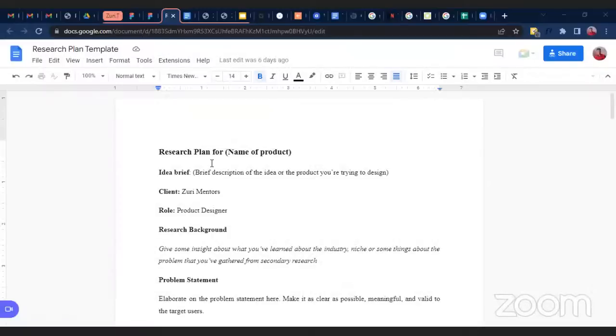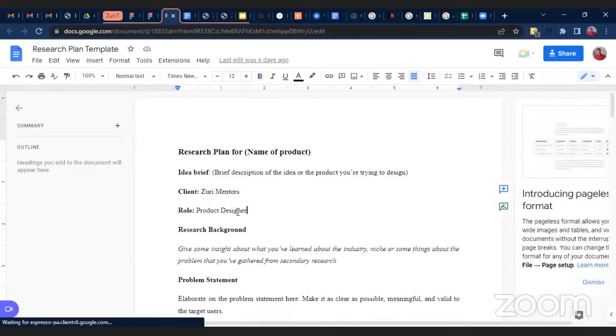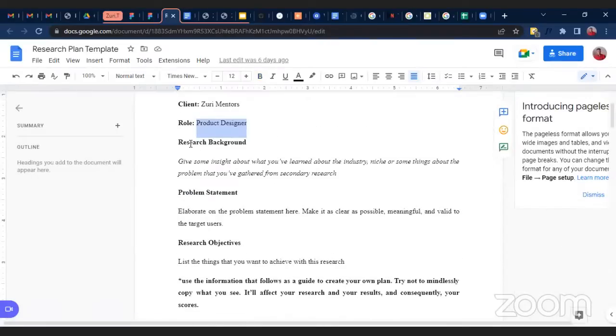Okay. So this is the template for the research plan. You have the idea brief, then you have your clients. In this case, we are your clients, the mentors, and then your role here, the product designer. Then you have your research background at the very top. There's some instruction there to help you, and then the problem statement.